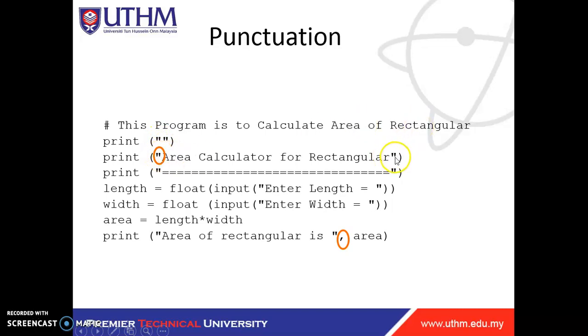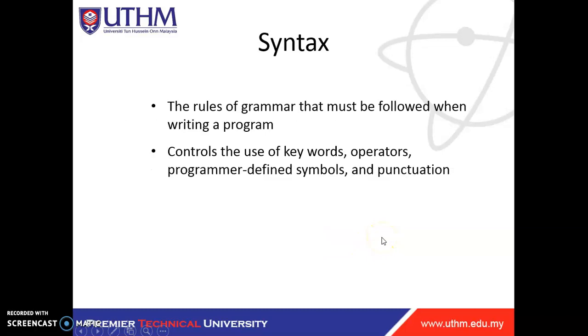It starts with a quotation mark and ends with a quotation mark. Also, if you want to add something after it, you need the semicolon. The quotation mark is for printing a statement, and then for "the area of rectangular is", when you want to call the variable area to show the result, you put the area after it, with the semicolon, sorry, just now.